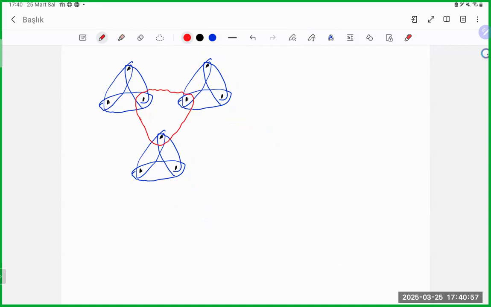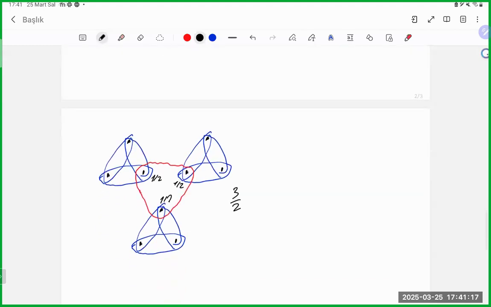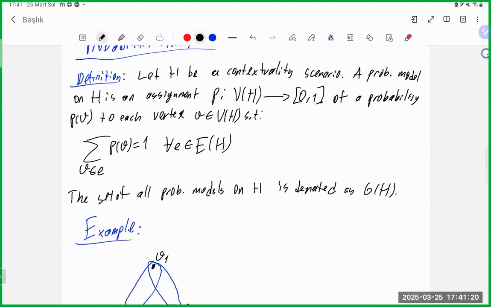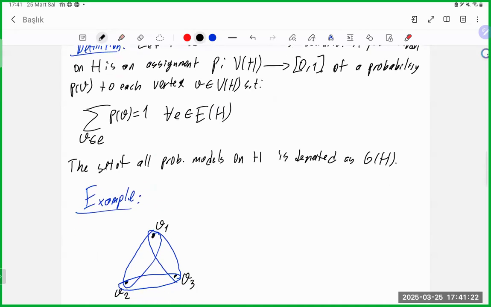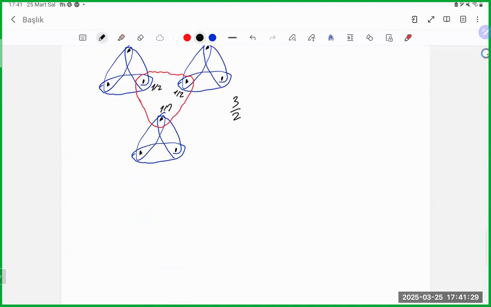We found that for every vertex, the probability assignment is 1/2. But if we assign these 1/2 probabilities to this red edge, the sum of the probabilities equals 3/2, which is not a valid probabilistic model because it violates this restriction. Therefore, not all contextuality scenarios have a valid probabilistic model.